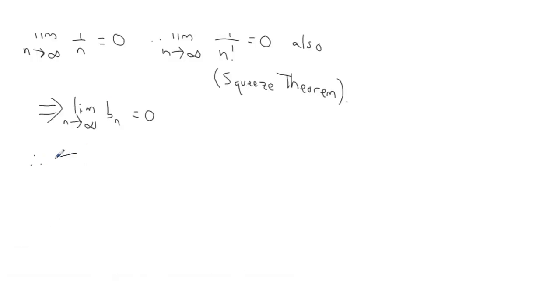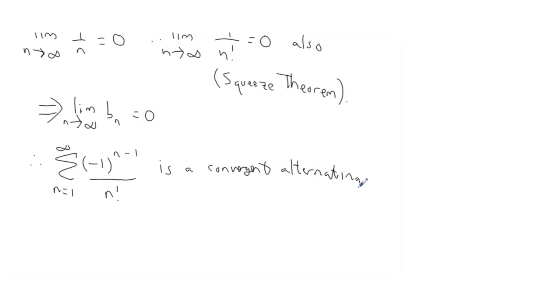Therefore, the sum from n equals 1 to infinity of -1 to the power n minus 1 over n factorial is a convergent alternating series. And the reason for that is the alternating series test.